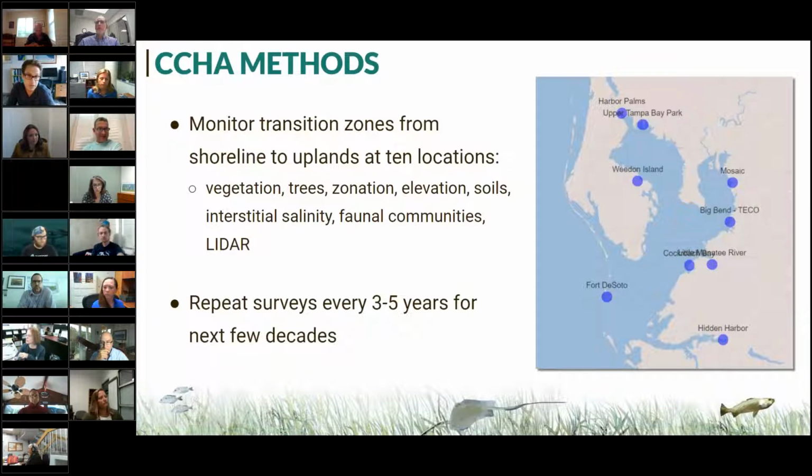We're looking at soils, doing soil surveys, feldspar profiles, looking at interstitial salinity, so what's the pore water salinity, seeing if that changes over time. Surveying faunal communities and taking LIDAR surveys every once in a while to get a really precise estimate of the vegetation.